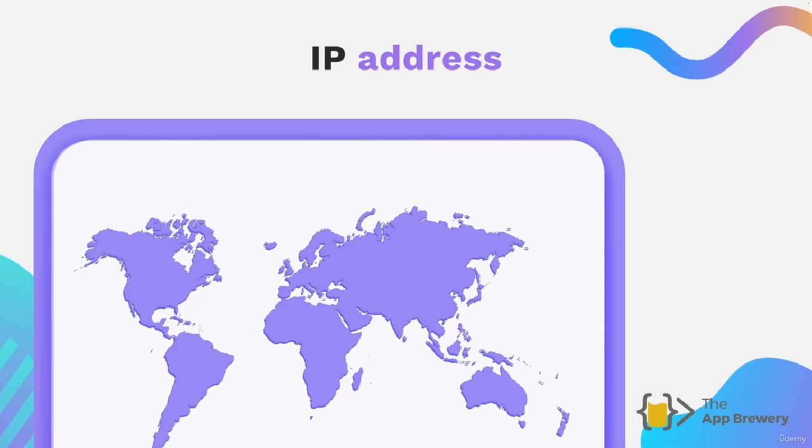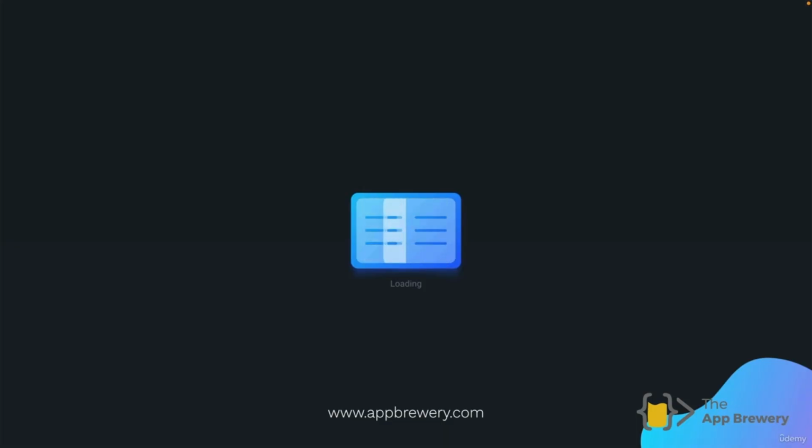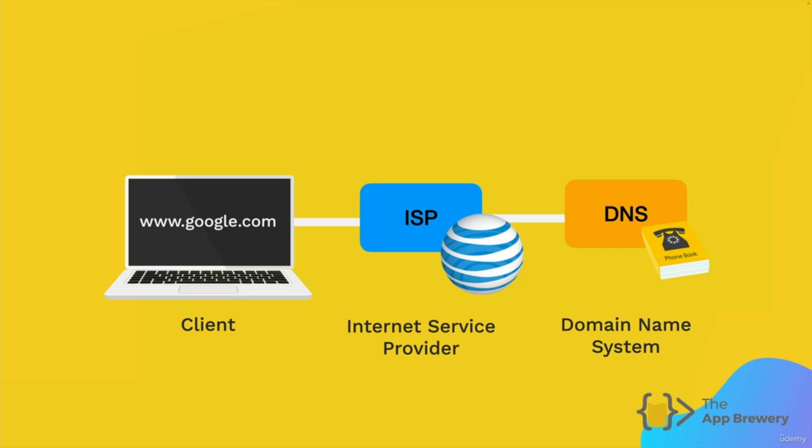And every single computer that's connected to the internet has an IP address. It's kind of like a postal code for your computer, so that when people need to send and receive files on the internet, each computer can be located and contacted using their unique IP address. Once the DNS server finds that IP address, it'll send it back to your browser through the ISP over the internet.